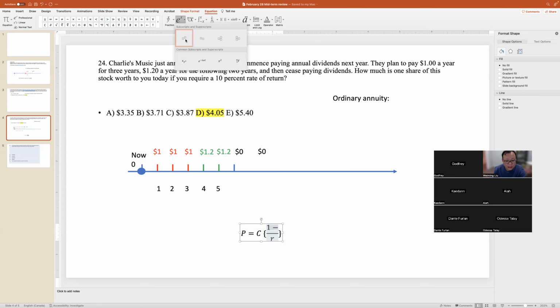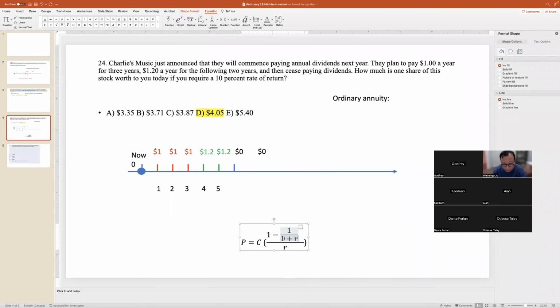Then here will be a division. I'm going to have this be 1 plus R, in the bracket, to the power of n or t, the number of periods, the number of cash flows in that annuity.